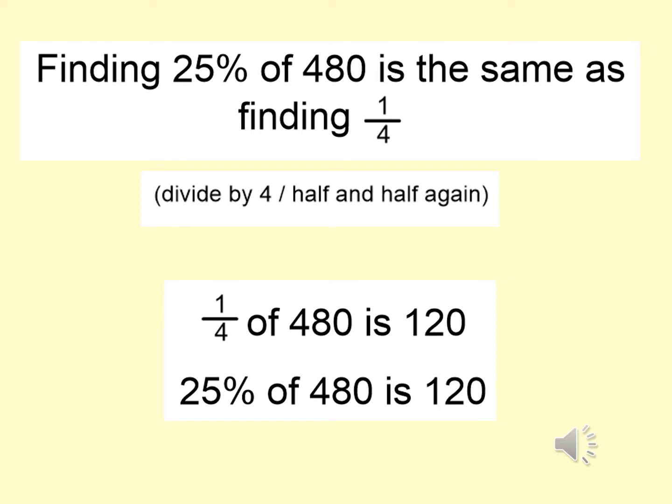All we need to do is divide it by 4, or just half and halve it again. So a quarter of 480 is 120. So 25% of 480 is 120.